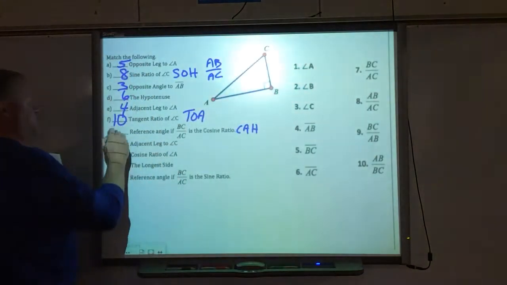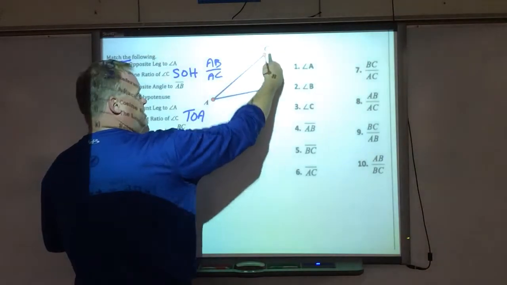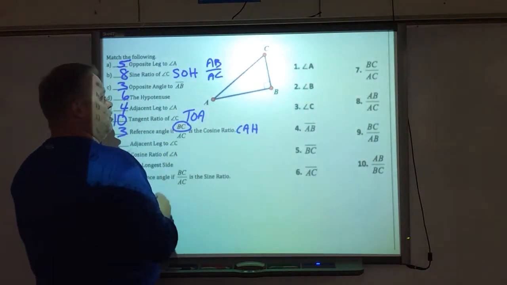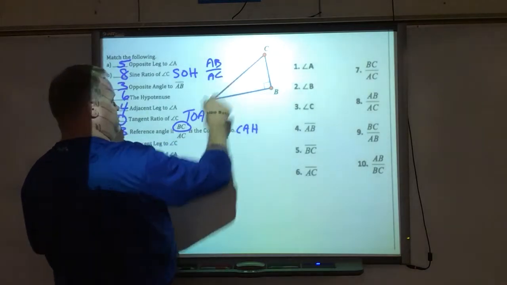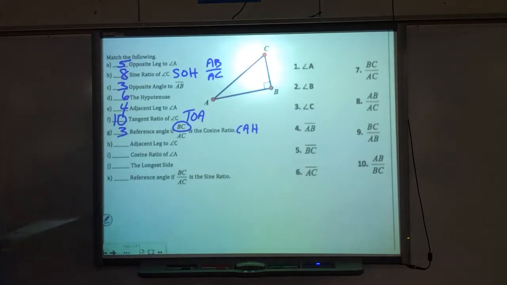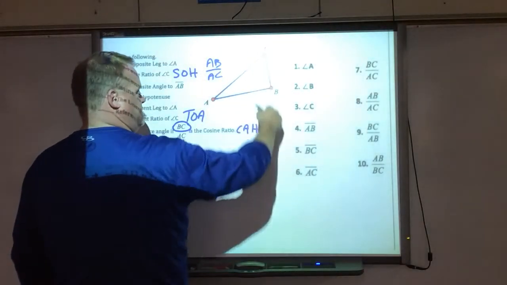It should be angle C. Adjacent would be this one right here, so that's BC over AC, which is the hypotenuse. That's 3. Adjacent leg to angle C. Angle C, adjacent leg is BC.